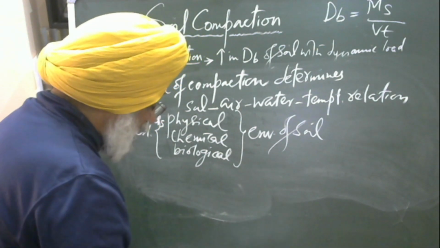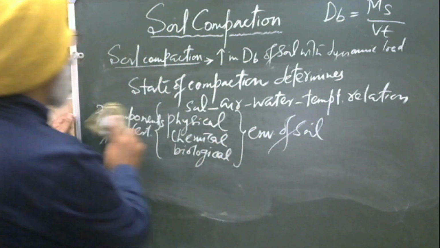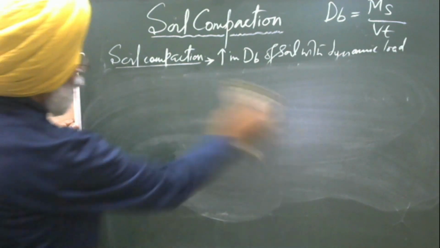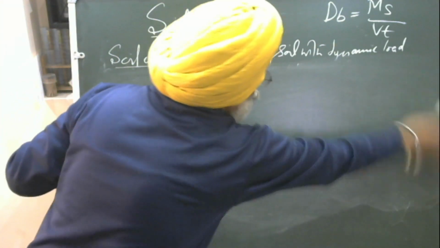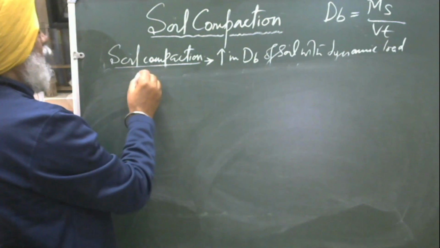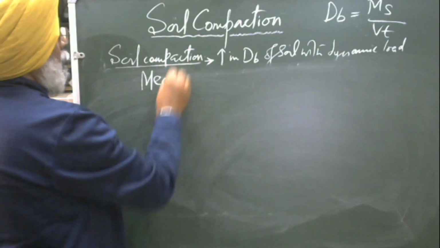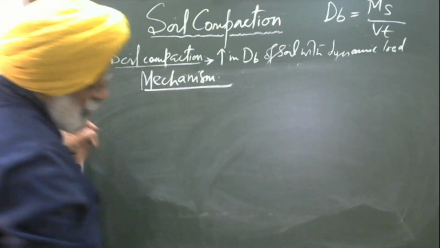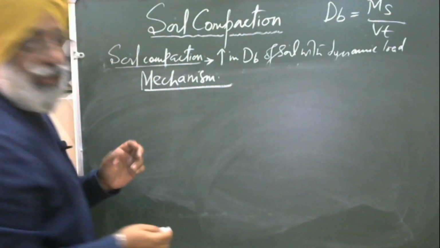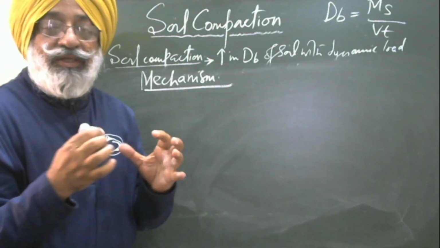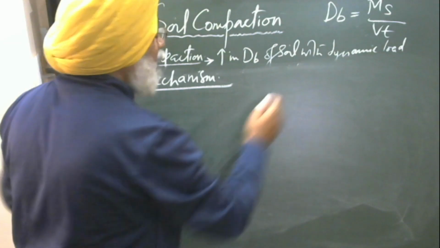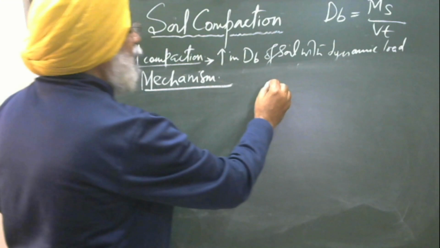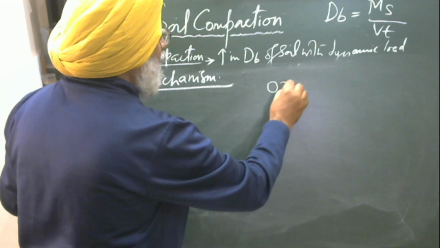Now just a little bit about the soil compaction mechanism, or process. When we compact the soil, in fact we are closely packing the particles together. For example, you have this type of packing.